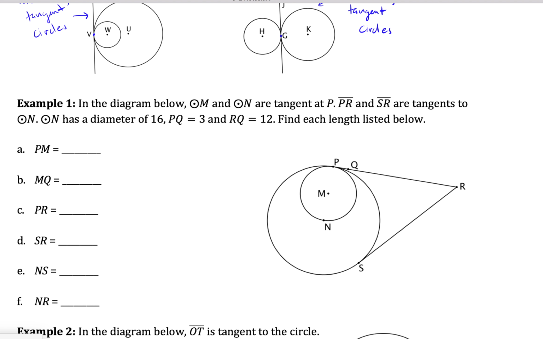Circle N has a diameter of 16, so let me try and sketch in a diameter of N. Now my lines don't always turn out the straightest, so I'll do my best here. There's half of a diameter, or a radius, and here's the other half. So that line there has a length of 16. So that is 16 units long.